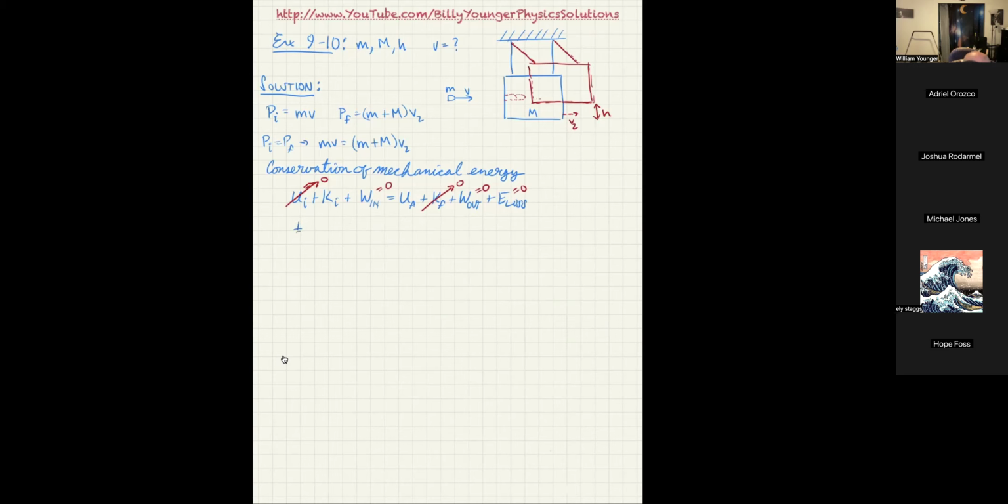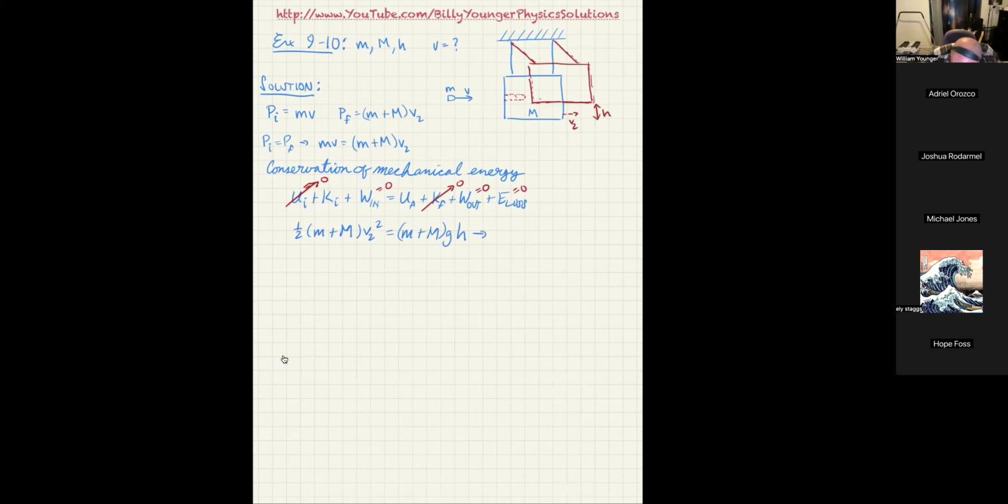But anyways, 1/2 mass of the system times v2 squared is equal to mass of the system times gh, and we're very close to the Earth's surface is what we're assuming, so the potential energy is just mgh, which in this case is going to be (m plus M) gh, and with that we can solve for v2.